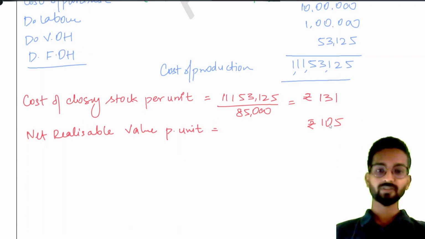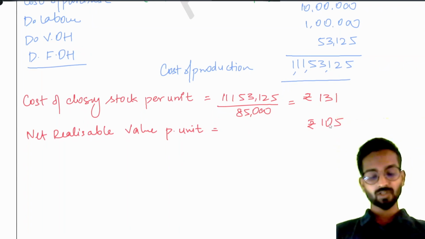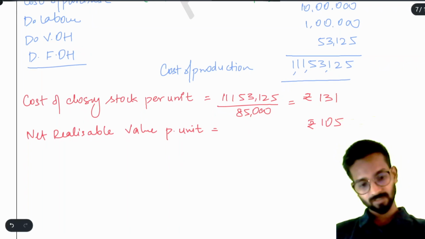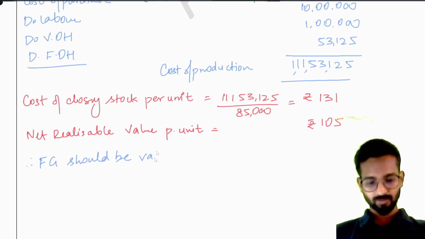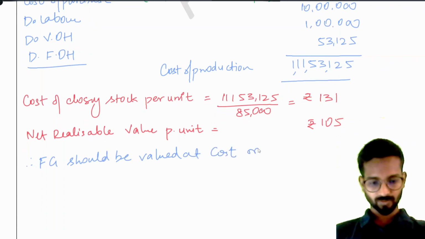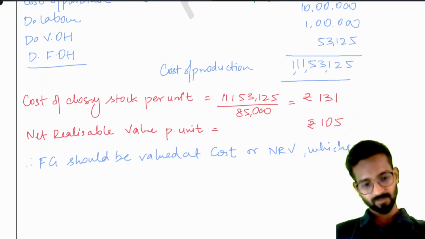Now we already know we are talking about finished goods. So cost or NRV, whichever is lower. Which one is lower? You will say, sir, NRV is lower. Therefore finished goods should be valued at cost or NRV, whichever is lower.